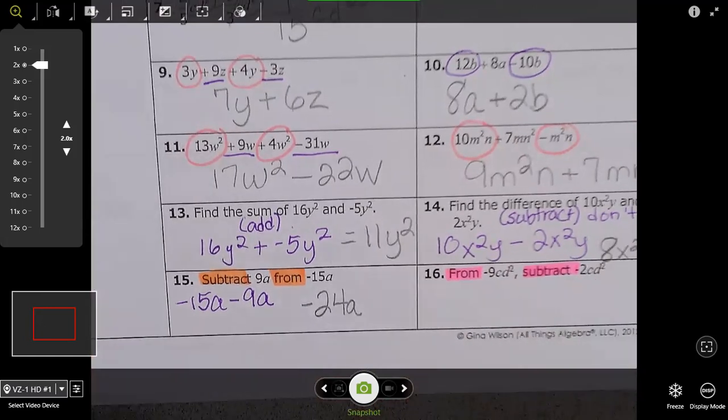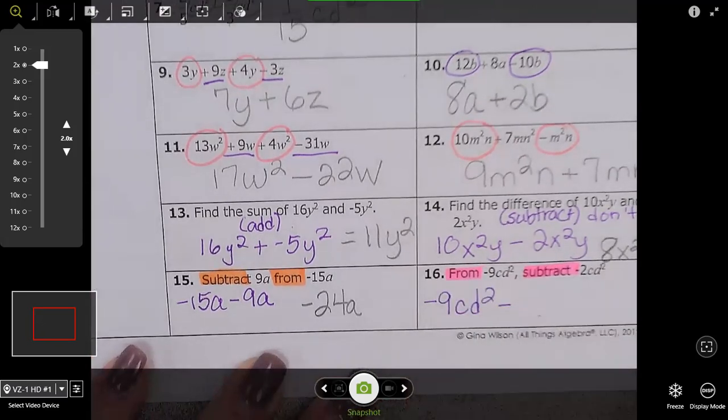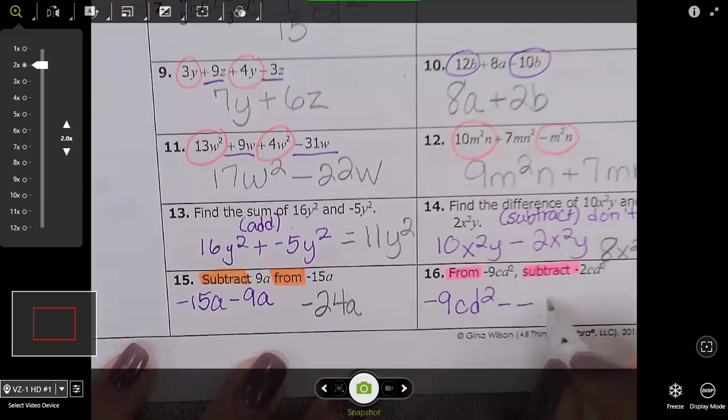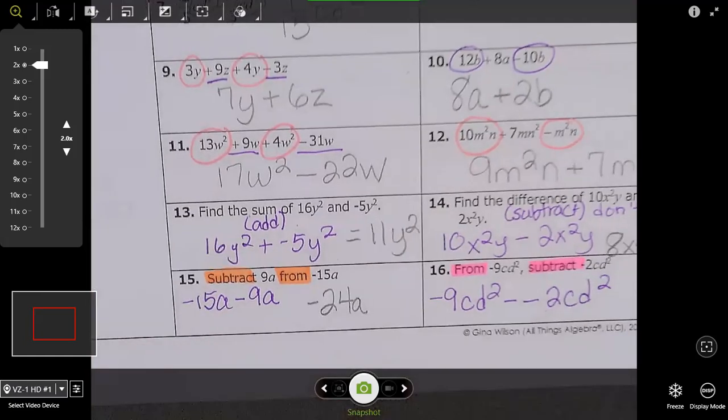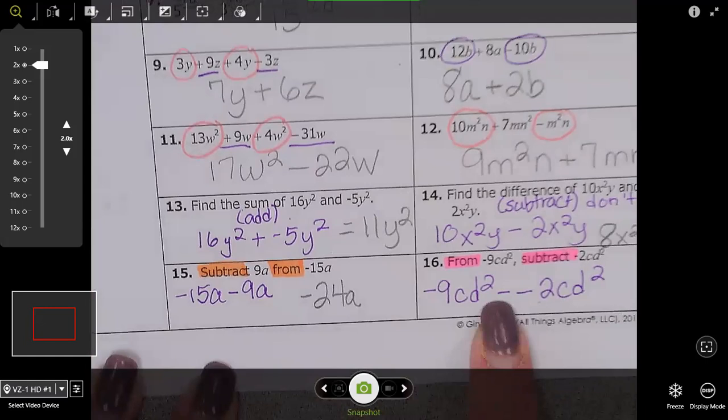So we're going to leave it in the same order that it's in. We're going to take away... Do you see what I did? It said subtract, and then it said that thing right there.